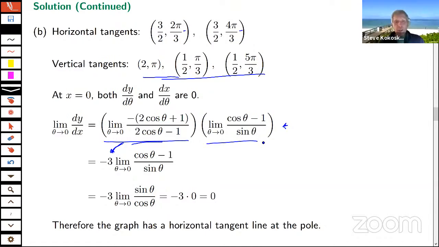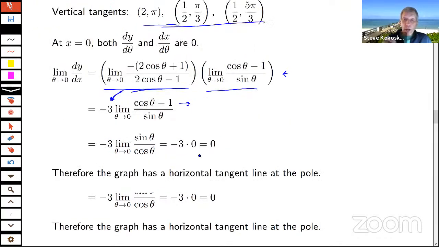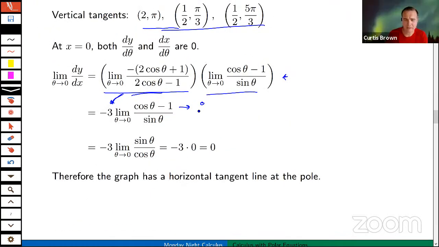It seems like it approaches 0, almost. Right? Well, as theta goes to 0, what's the numerator doing? The numerator is going to the cosine of 0 minus 1, which would be 1 minus 1, or 0. What's the denominator doing? Well, it's approaching 0 also.